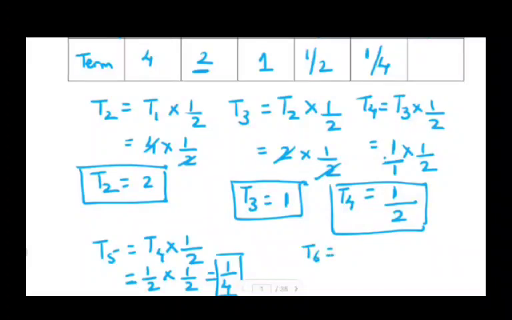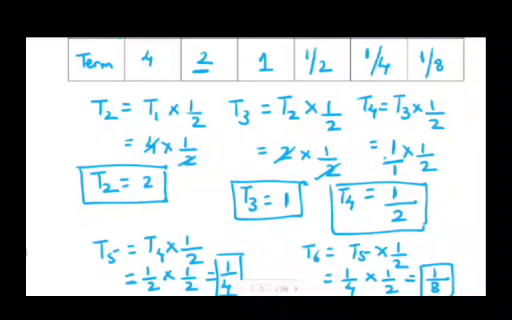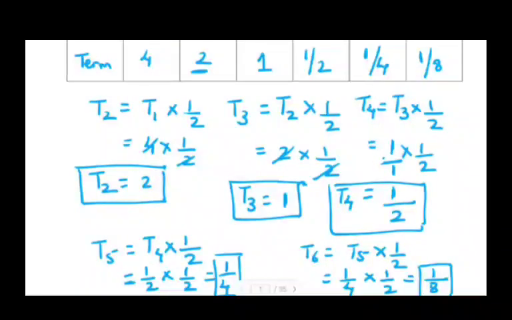What is my T6? T5 into half. 1 upon 4 into half, which gives me 1 into 1, 1, 4 into 2, 8. Yes, children? Looks easy? Let's move on to the next sum. Let's see what our next sum has to say.